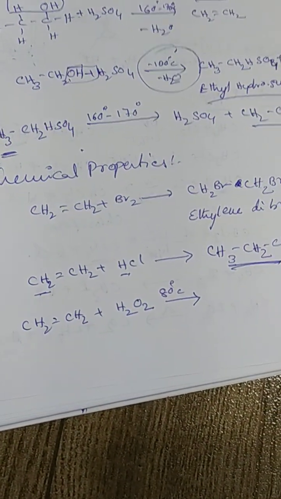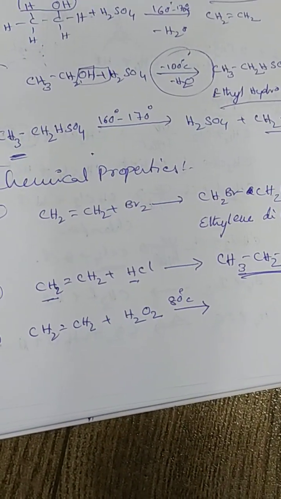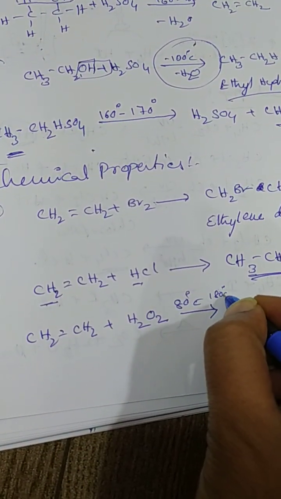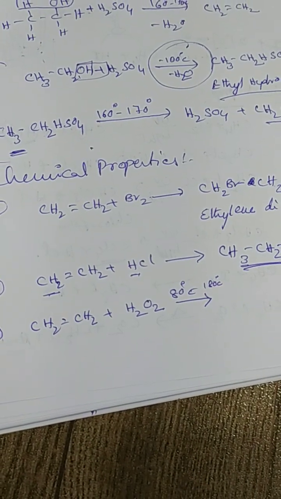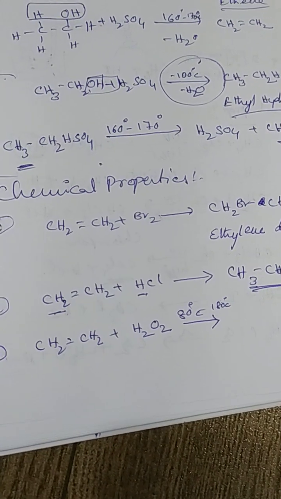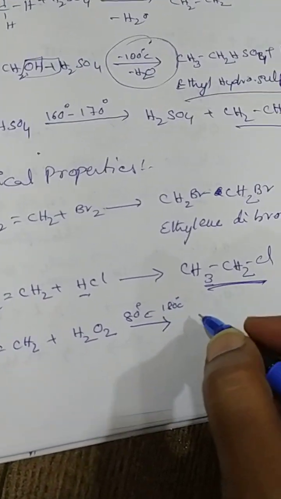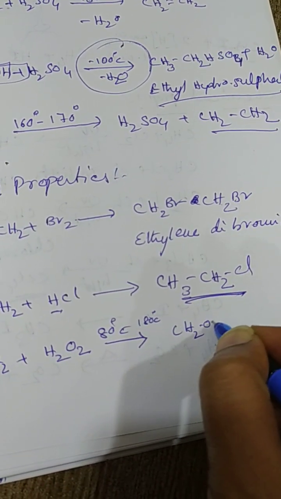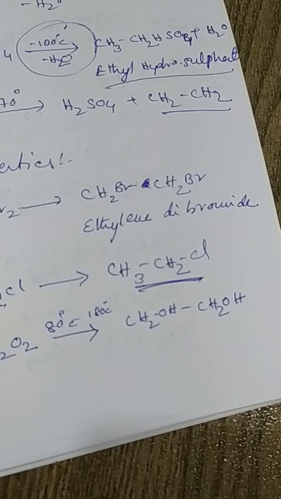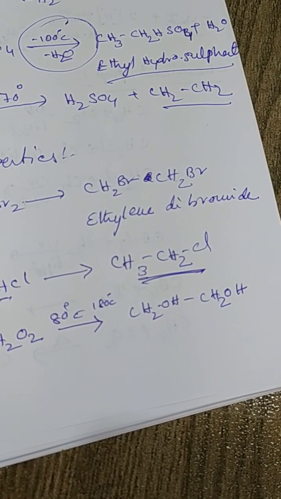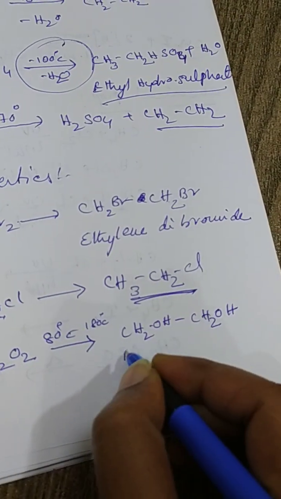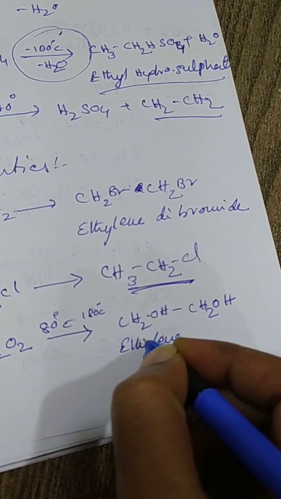If you insert the gas into ethylene and heat the compound, the H2O2 has two hydrogens and two oxygens, so it will split into OH, giving CH2OH CH2OH. This is called ethylene glycol.